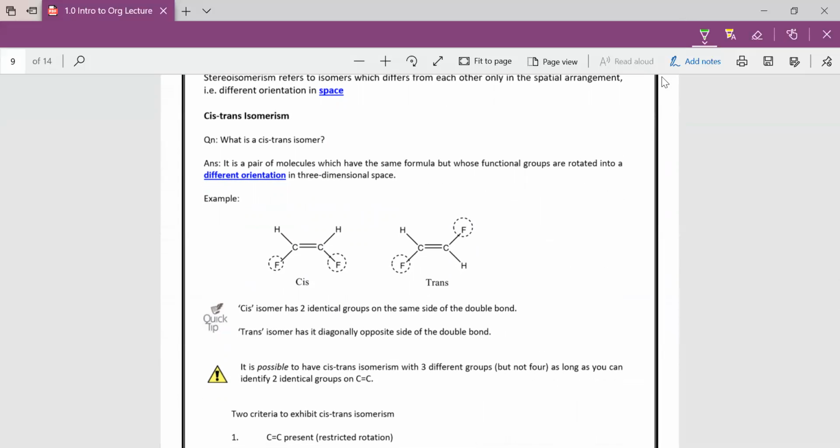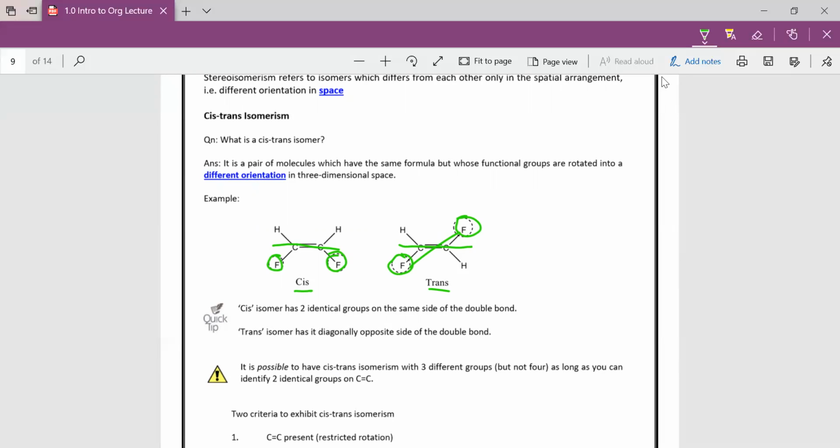this example here, you have your F atom on the same side of the CC double bond, and for this particular isomer, the trans isomer, the F is on the diagonally opposite side. We call the one on the same side a cis isomer, and the one on the opposite side the trans isomer.